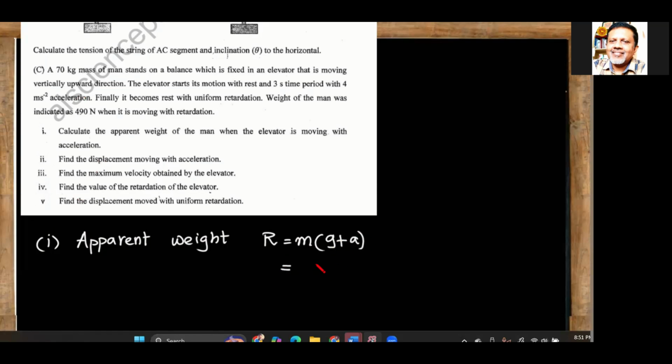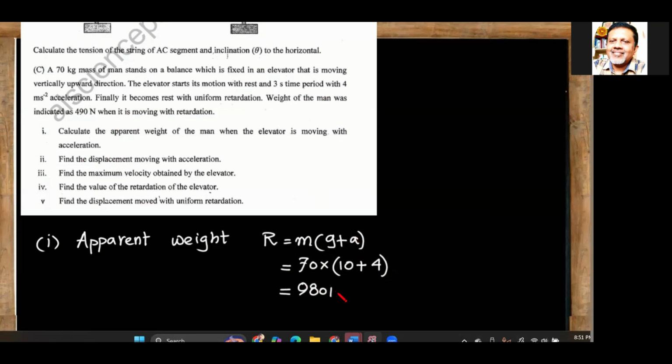And if you substitute for m 70, and g must be equal to 10, plus we can see the acceleration 4 meter per square second. So 70 into 14, right? If you multiply 70 by 14, we can see it is 980 Newton.